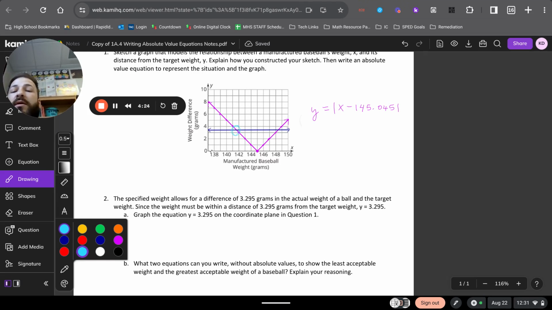And then it could be greater than 145, but no greater than this point over on the other side of our graph. So use your calculator real quick to calculate from 145 how much higher it can be using that 3.295, and how much lower it can be using that 3.295.